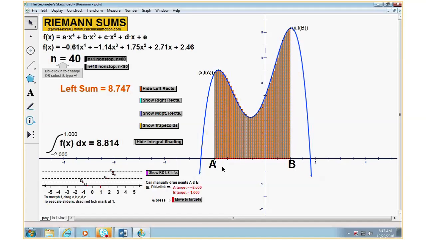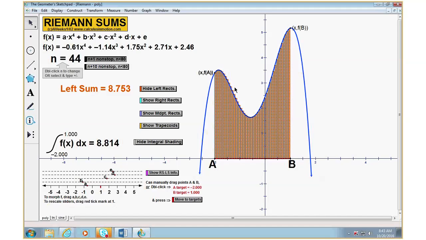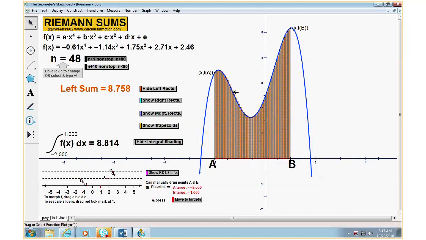If you see the first one that we saw was an overlap like that, and now you see it starting to get so small that it's really irrelevant. Now that is basically the antiderivative. The antiderivative gives you the area under the curve. The derivative gives you the slope of the tangent line.